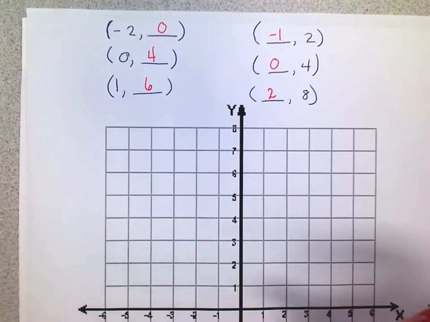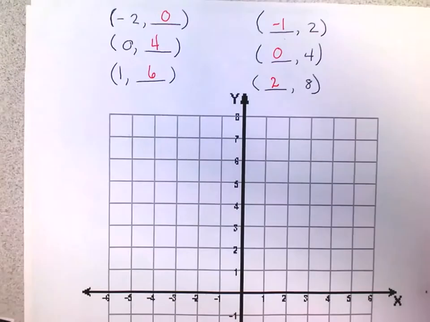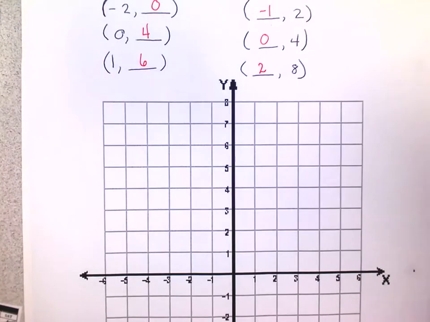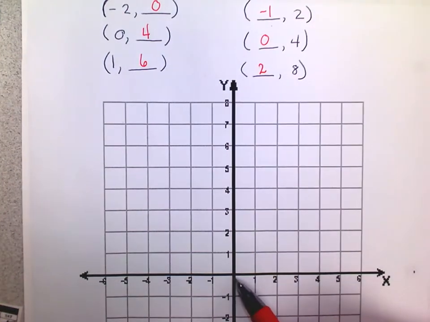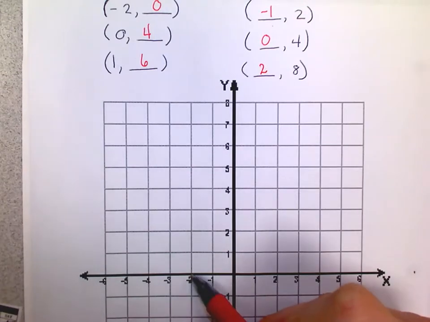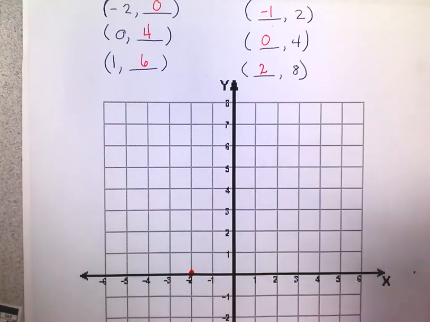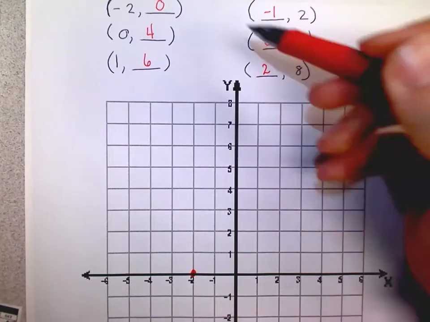Alrighty, so this first point, we have negative 2, 0. So negative 2 is the x direction, so we go negative 2 in the horizontal direction. We don't go anywhere vertically because we are at 0, so we know this is our point right here that we're looking for. This is the first point.